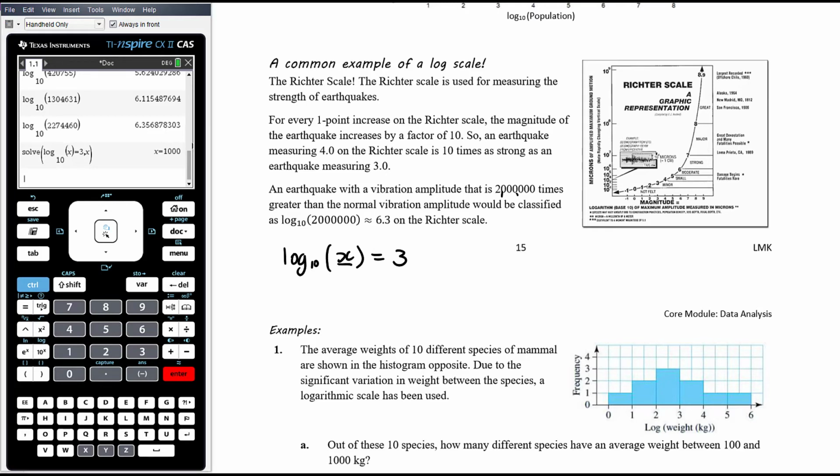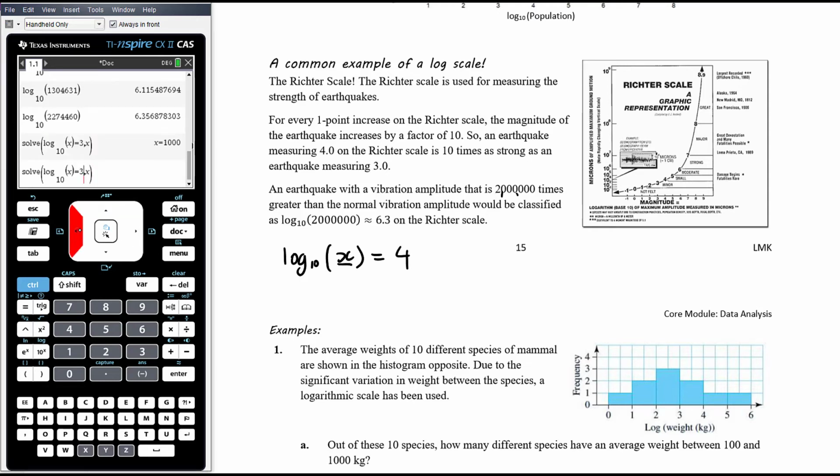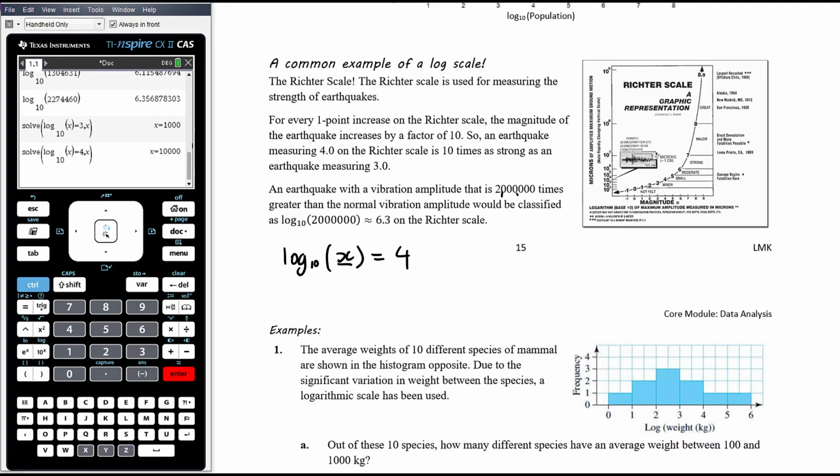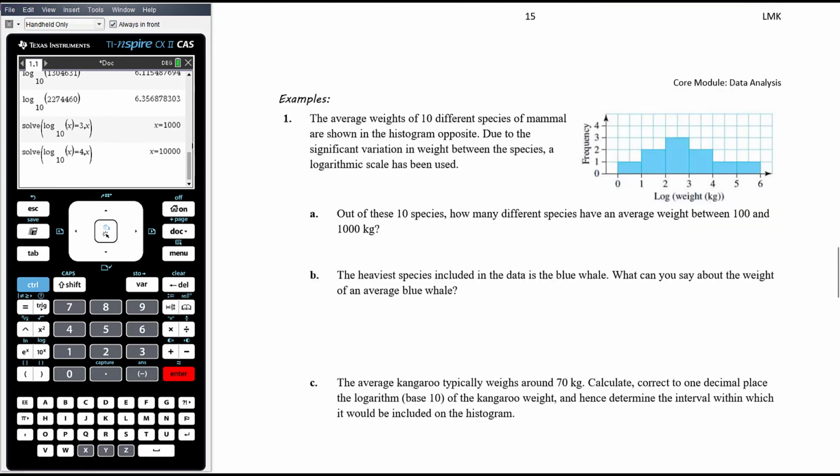But then if you went to a Richter scale of 4, you would find that it's not just a little bit more, it's 10 times more, 10,000 times more vibrations. Okay. Alright, let's work our way through some examples to finish off.